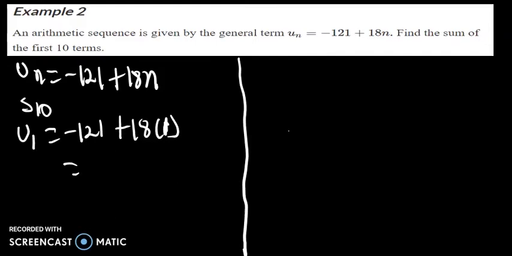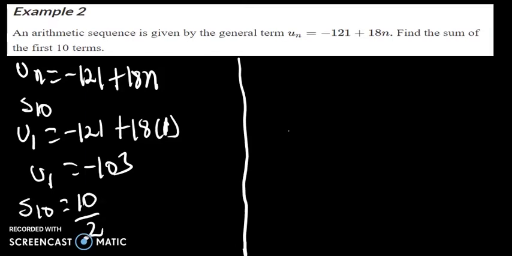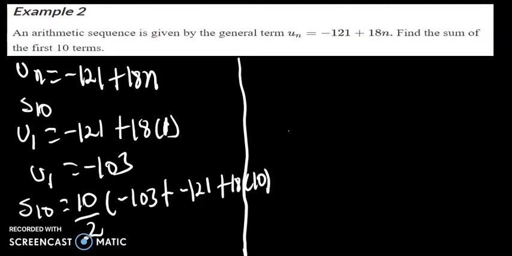So that gives you minus 103 as U1. To find S10, using the second formula, because you know U1, that's minus 103, plus the Un, which is this formula, you just need to substitute 10 into it.